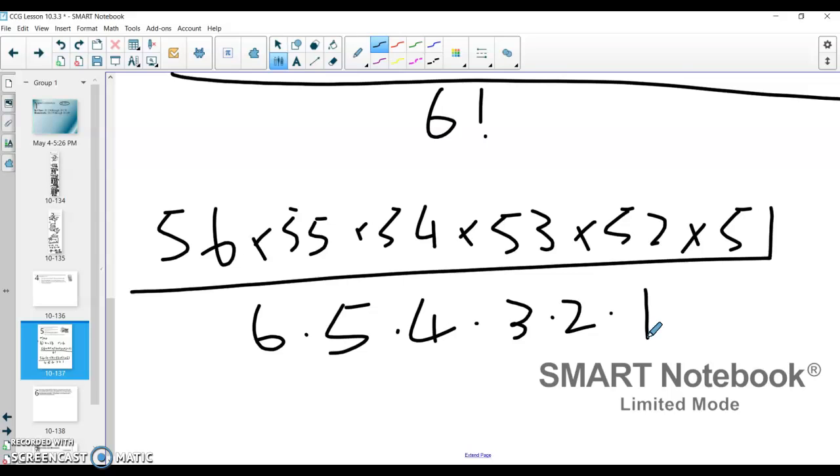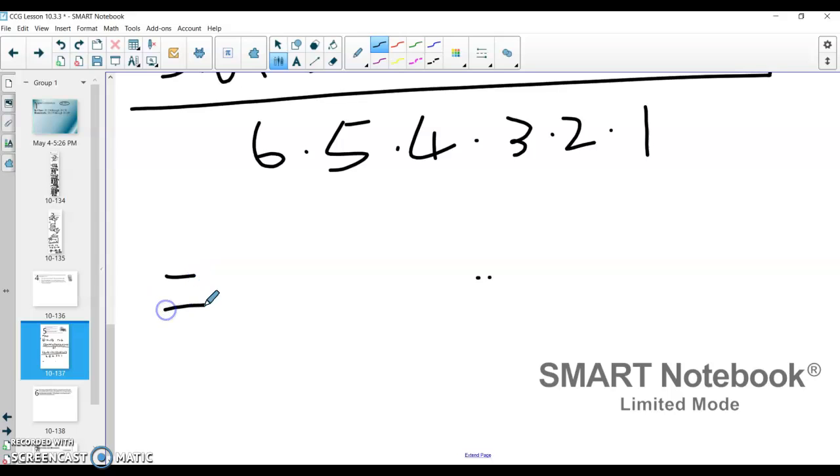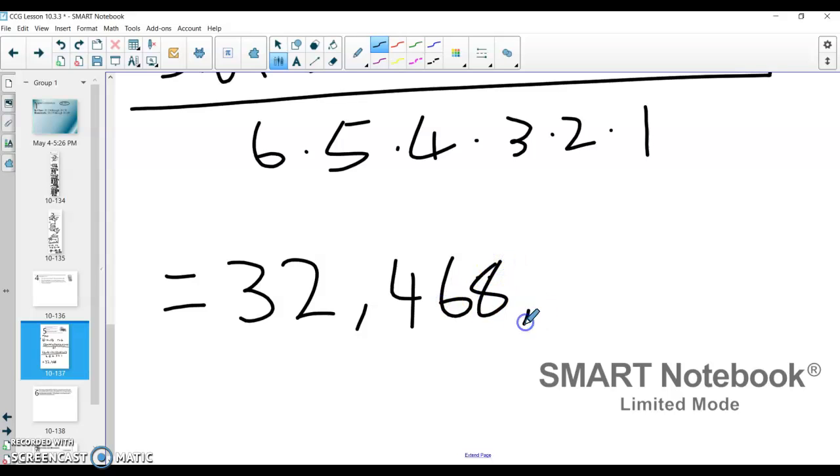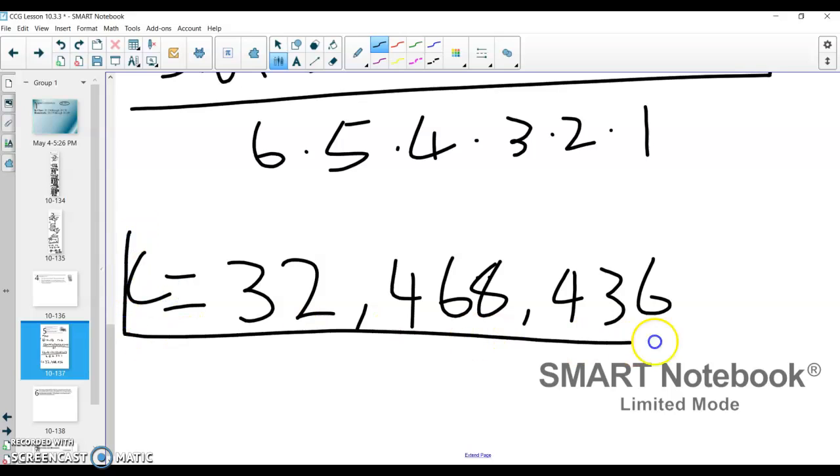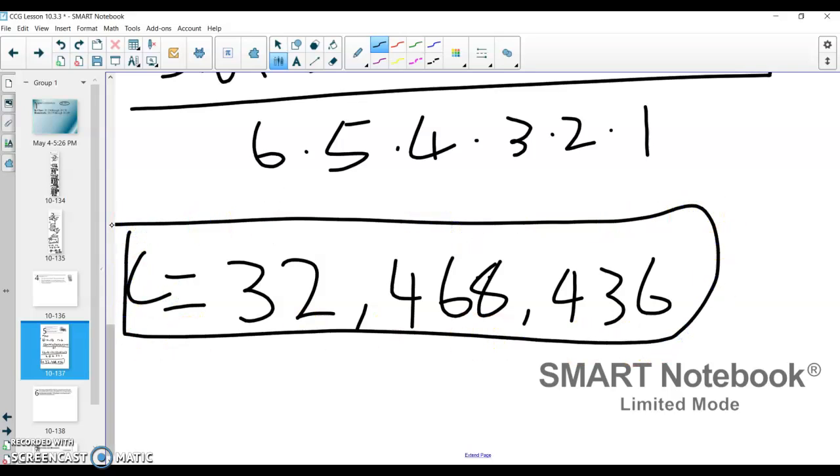Close that parentheses. And what I get is, for this lottery, there are 32,468,436 different combinations here. So there are a ton of different ways that these lottery balls could be pulled.